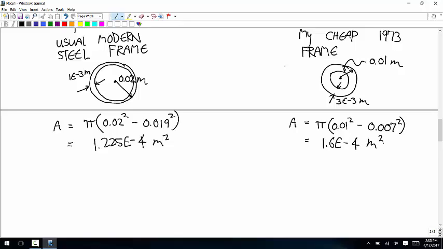Okay, so my old bike is heavier, you know. It has a bigger area, so it has a bigger volume, so it has a bigger mass. That's not a desirable trait in a bike. But a lot of times you add material to a bike to make it stiffer.